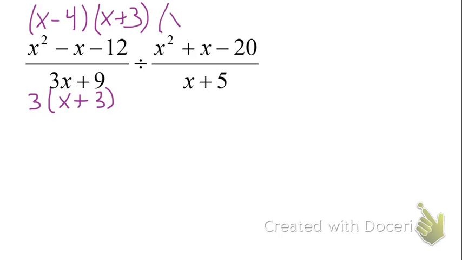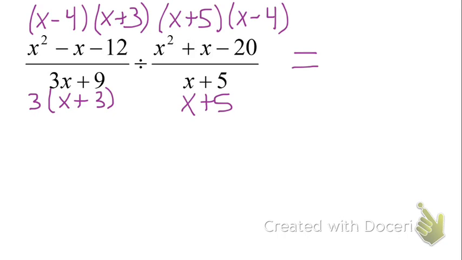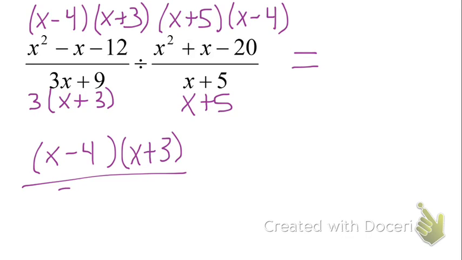Then up here, multiplies to give me negative 20 and adds to give me 1 is positive 5 and negative 4. And the x plus 5 doesn't change. Now we keep the first fraction the same, change division to multiplication and flip that second fraction.